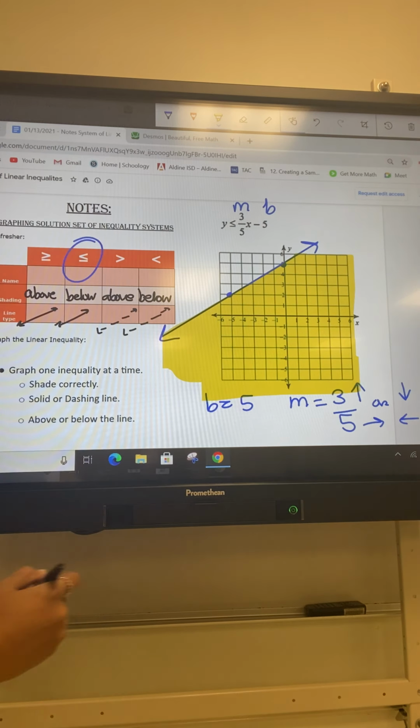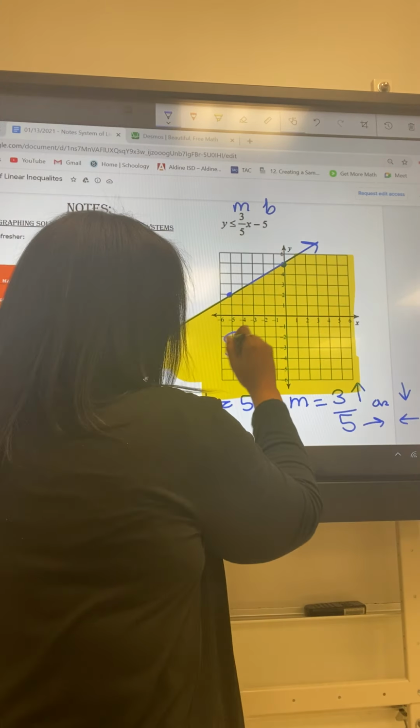And so the difference today is that, as we saw before, when we graph this, everything that is in here is considered a solution. So all of these are our solution. Every point in the shaded area is a solution, and because it is equal to, the points on the line are also solutions, right?